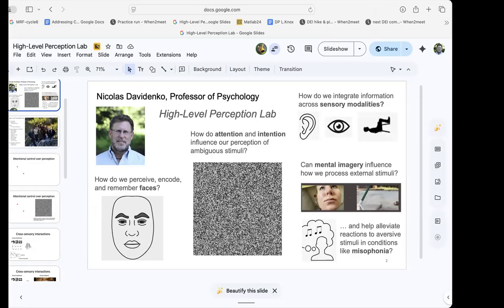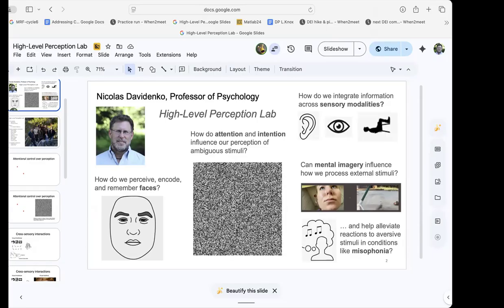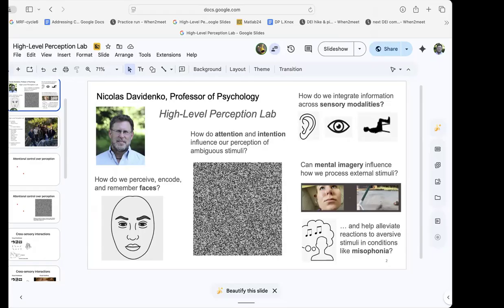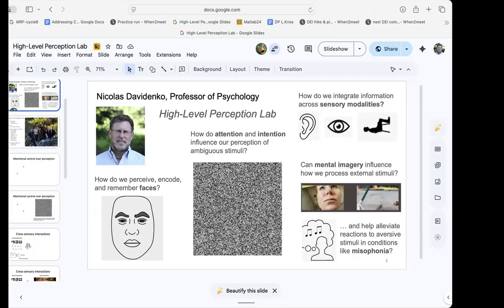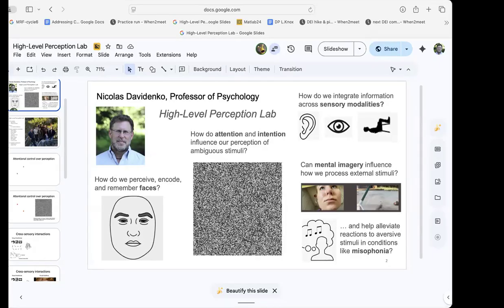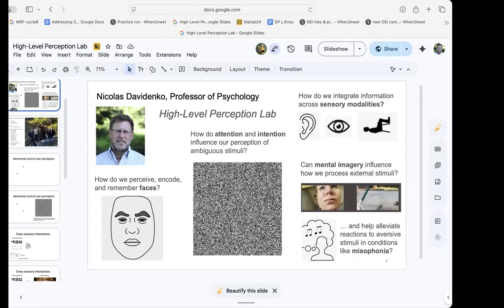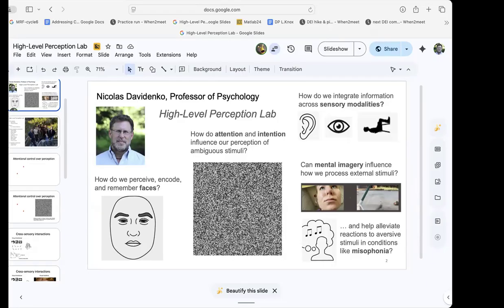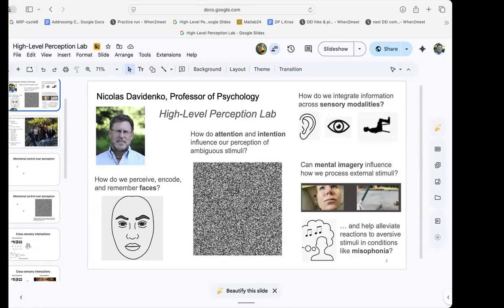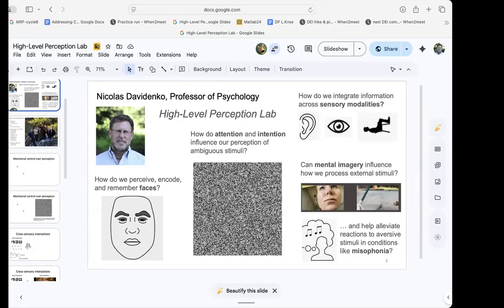And then we introduce these completely random pixels and see whether that real motion continues to be perceived. So we've done lots of work on this type of phenomenon in the past 10 years or so. And I can tell you a little bit more about it if people have questions.